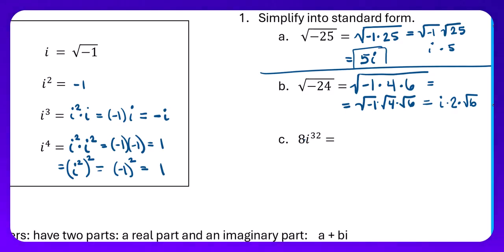So we could leave it like that, and that would be fine. But oftentimes we write the number and the I, and the square root of 6 on the back end. Now, I have had students in the past write 2 square roots of 6, I. And that's not wrong. Just be careful so that the I doesn't look like it's underneath the square root.